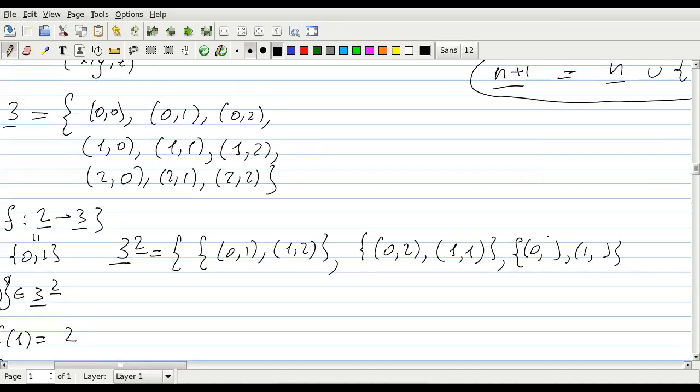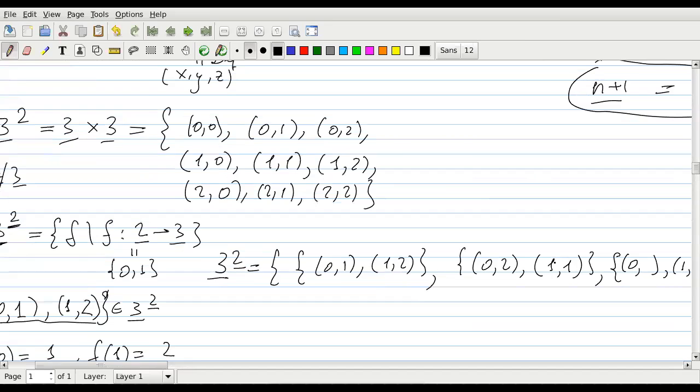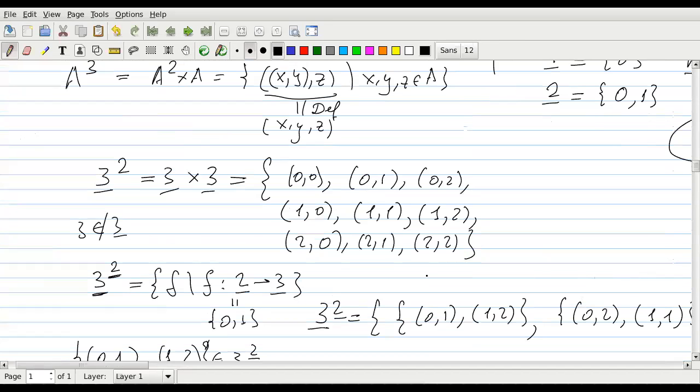This is either 0, 1, or 2. 3 ways to this one. And in general, 9. 3 multiplied by 3 is 9. So you will have as many functions here as you have pairs here. And this is not a coincidence.